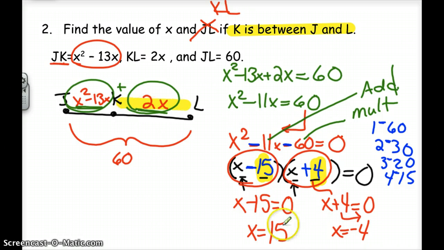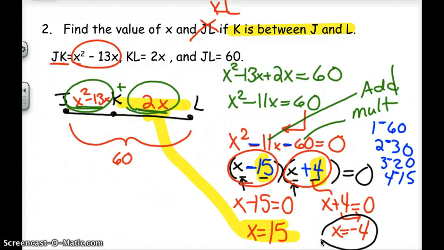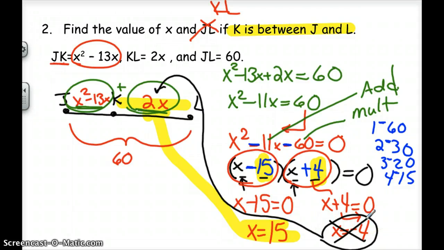If I put 15 up here, I'm going to get 30, and that's going to work. When I go ahead and take my -4 and plug it in there, 2 times -4, that's going to get me -8, and I can't have a negative line segment. So at this point, I do not want to keep my -4 because it's producing negative line segments.